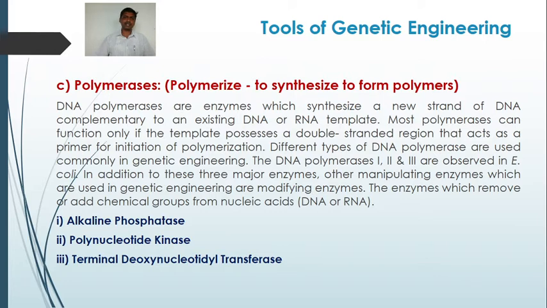More precisely, these are the DNA modifying enzymes: restriction endonucleases, DNA ligases, DNA polymerases, alkaline phosphatase, polynucleotide kinase, terminal deoxynucleotidyl transferases. These are the DNA modifying enzymes referred to as tools of genetic engineering.